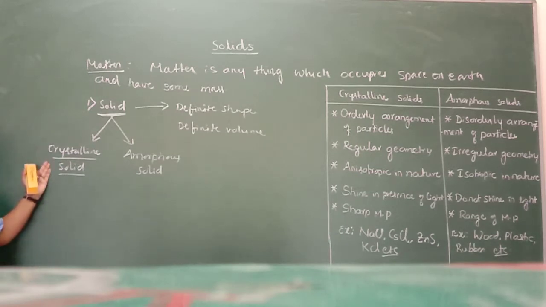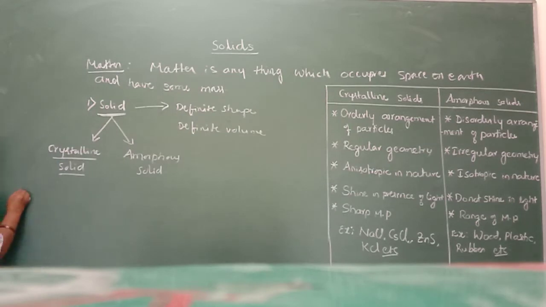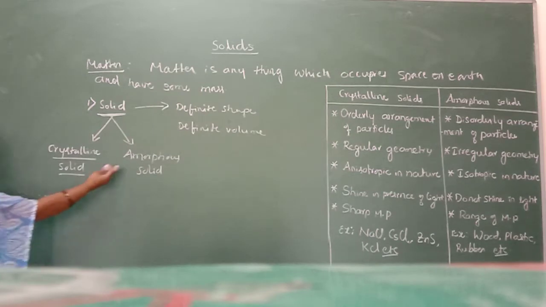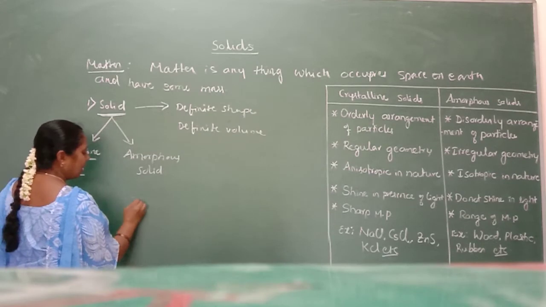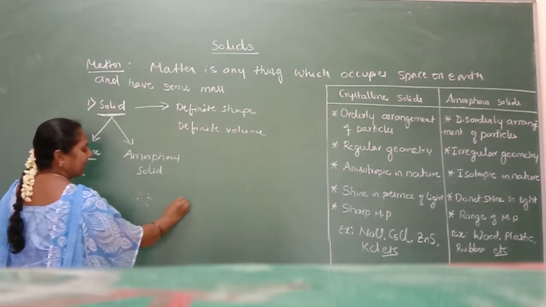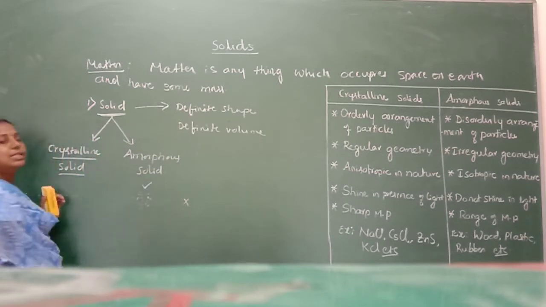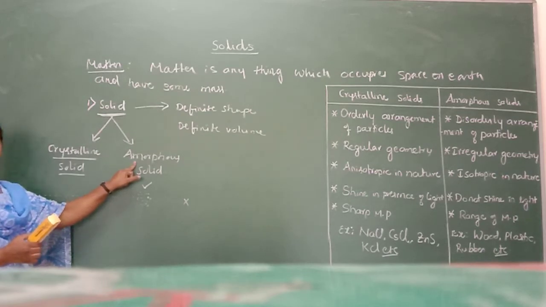A crystalline solid is a type of solid in which the particles are arranged in an orderly manner. In case of amorphous solids, the particles are arranged in a disorderly manner, not in an orderly manner. The arrangement of particles will be zigzag or disorderly in amorphous solids.